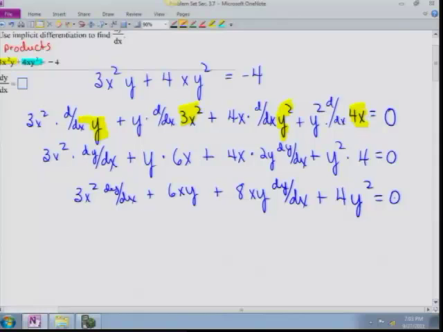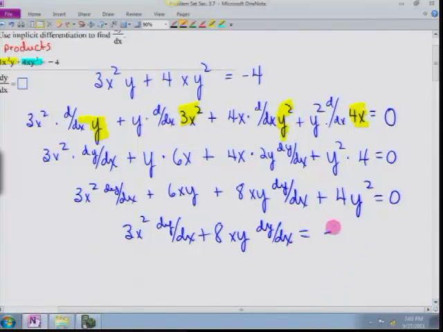Then what you want to do is collect the terms that have dy dx and put them on the left and get everything else on the right. I mean, it doesn't have to be that way. You could change sides. But I'm going to leave these two guys over here. 3x squared dy dx plus 8xy dy dx equals negative 6xy minus 4y squared.